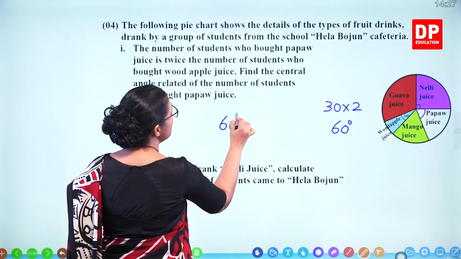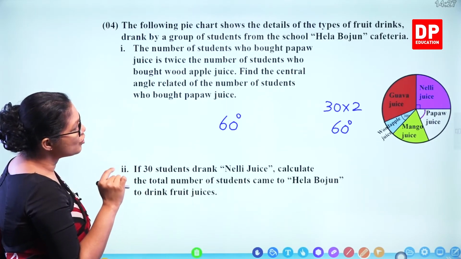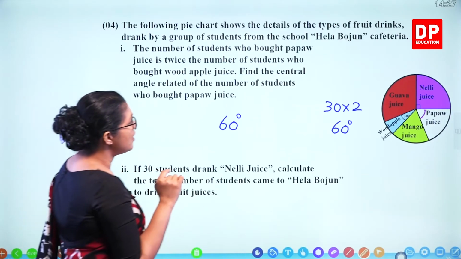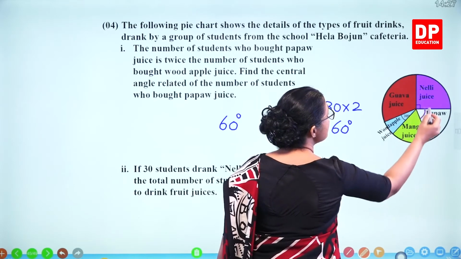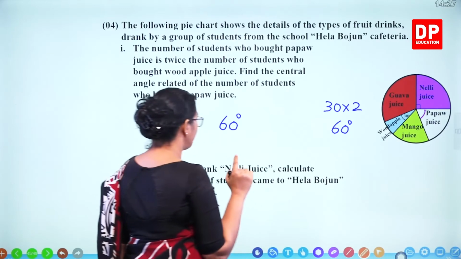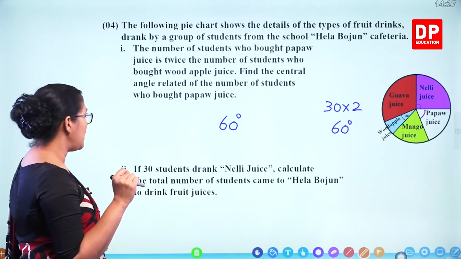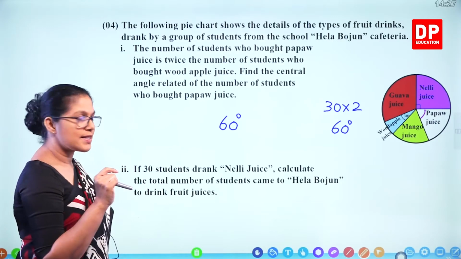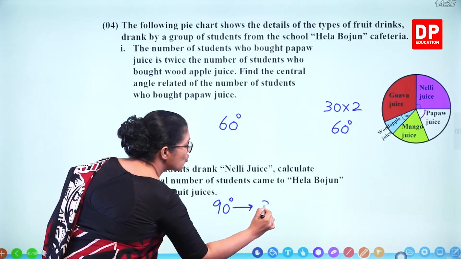So 60 degrees. If 30 students drank Nelli juice, so that's 90 degrees is 30. Calculate the total number of students who came to the cafeteria to drink fruit juices. 90 degree angle represents 30 students.